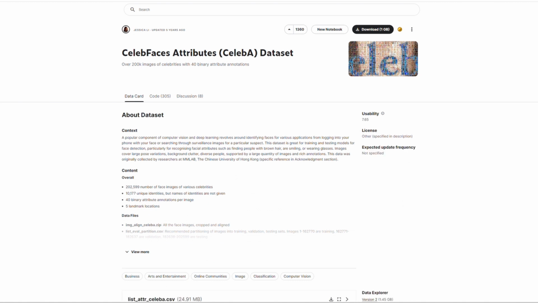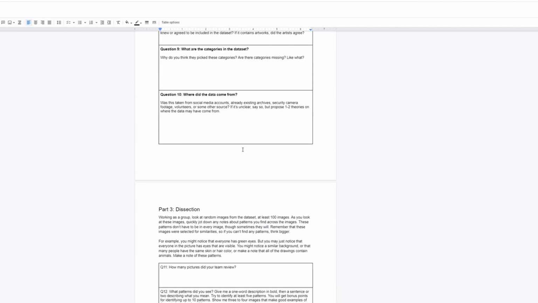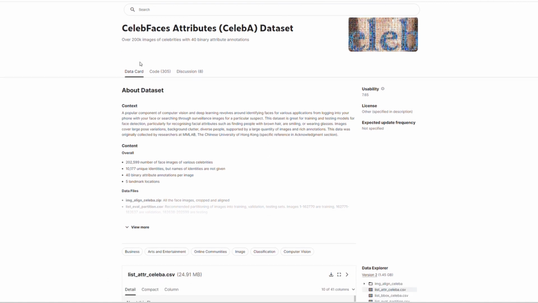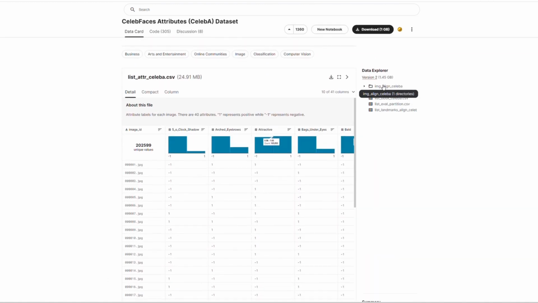So, okay. So you get the point. Harder to say where the data came from with this one. You can look around. These are celebrity faces. There might be some additional information. This is interesting too.